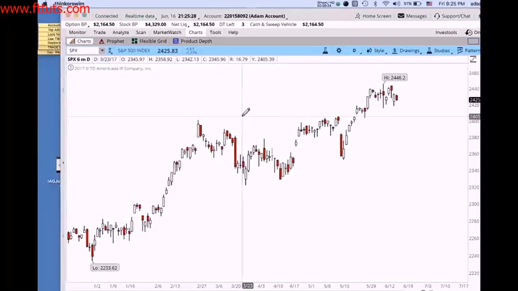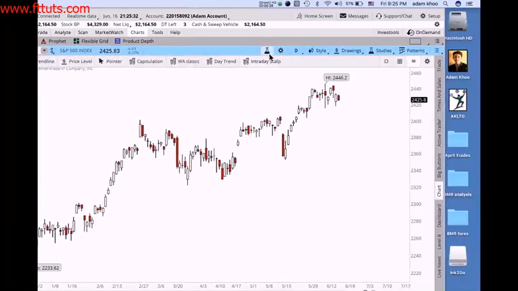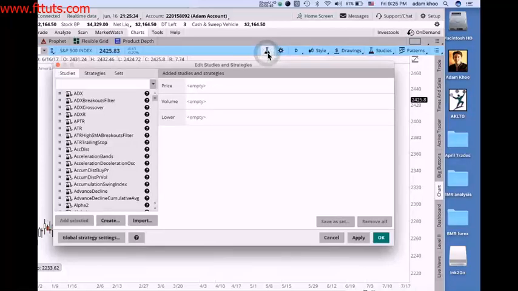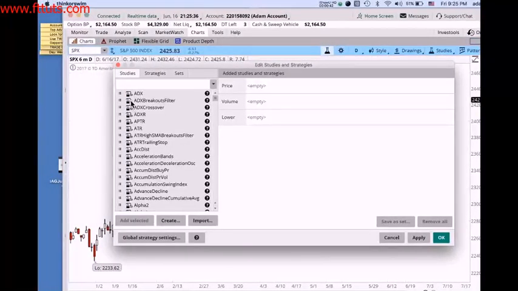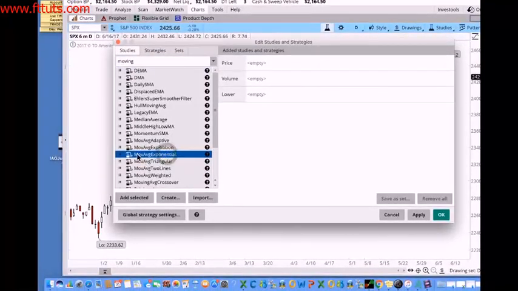So what I want to do is to put in my moving averages, okay. I can click on studies, and again, whatever charting software you use, they will have all these indicators. They're pretty standard in any charting software. So the first thing I'm going to do is to put in my exponential moving average over here.